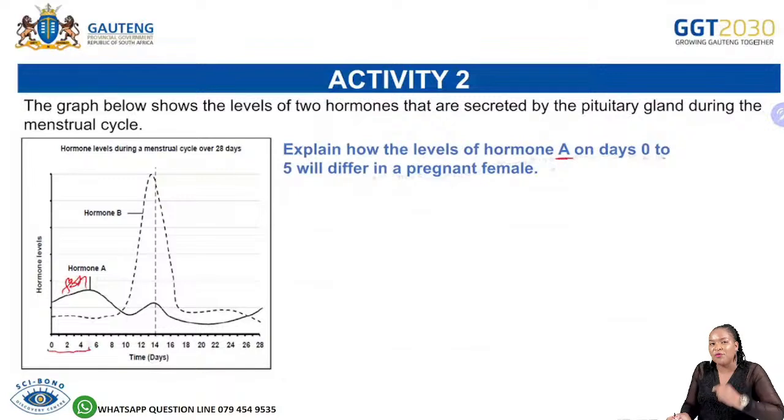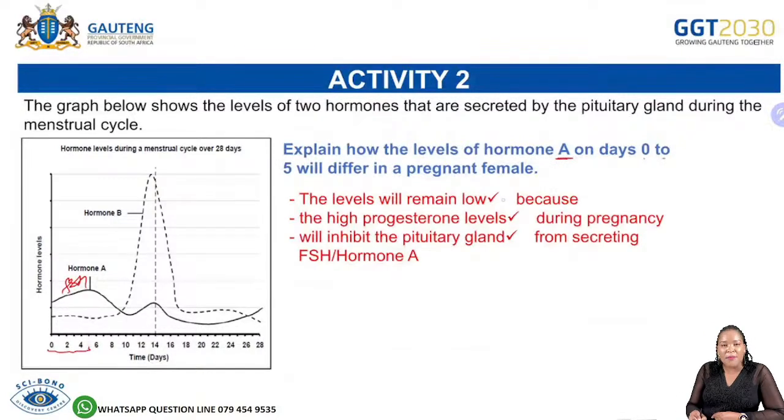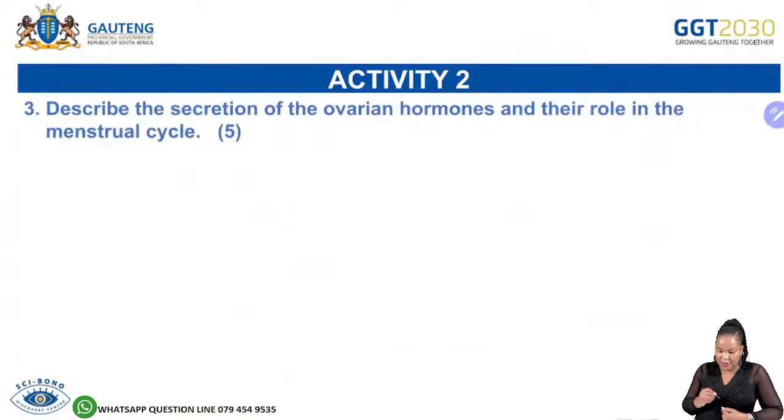That's how you start formulating your answer. You say, the levels will remain low because the progesterone levels during pregnancy will inhibit, this is that negative feedback, will inhibit the pituitary gland from secreting FSH, which is hormone A. So the level of hormone A therefore will be less.